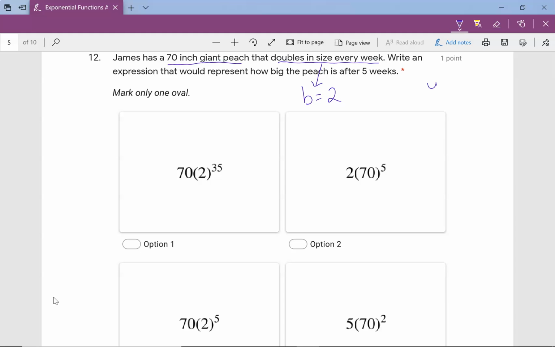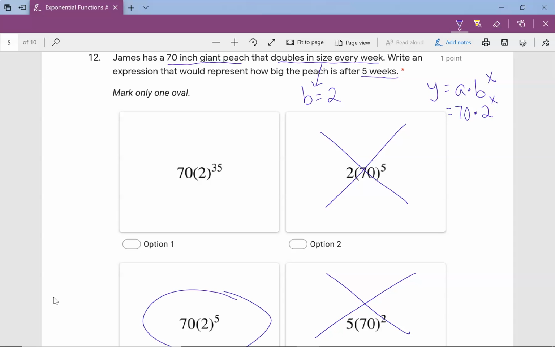Okay, so we're looking at y equals a times b to the x. A is our initial value, so 70, which eliminates this answer and this answer. Our b is that growth factor. If it doubles in size, that means it's 2. Okay, so that's going to narrow it down to these two, but it says after 5 weeks, so 5 weeks, this one. Okay.